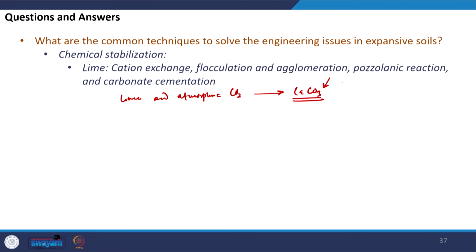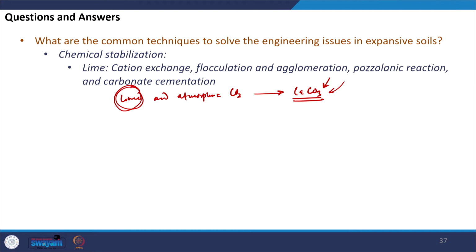And one more demerit of this carbonation process is that it consumes lime. So, since lime is being consumed, the formation of more desirable cementitious products like CSH and CAH reduces. Therefore, this is not very favorable in terms of strength gain.